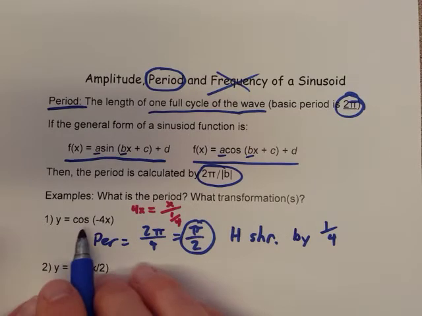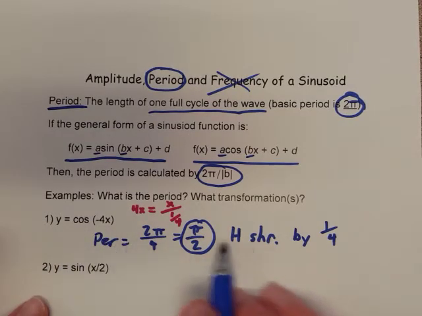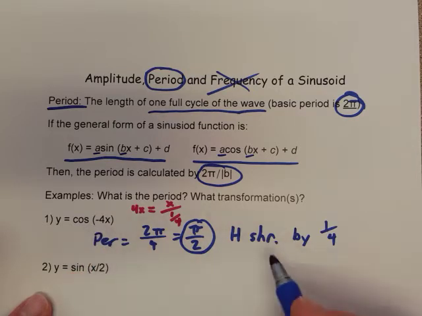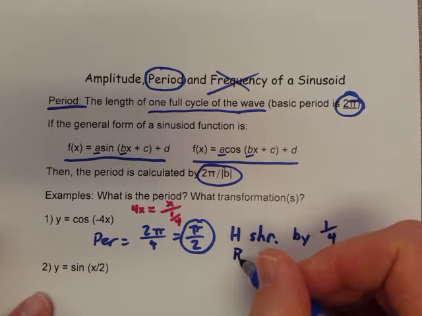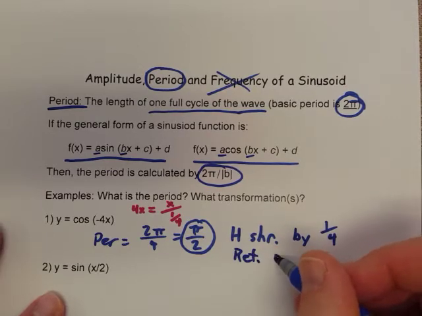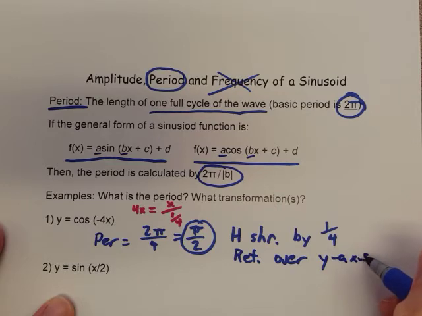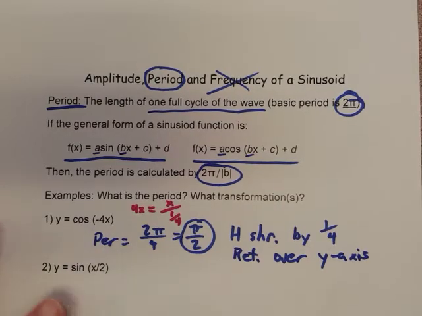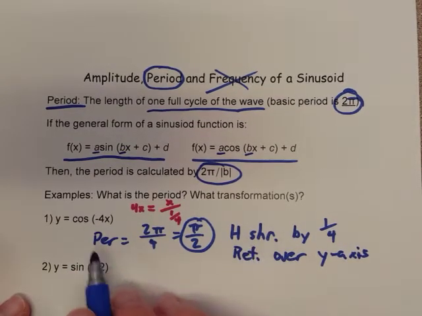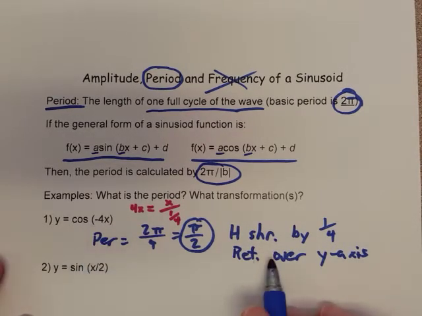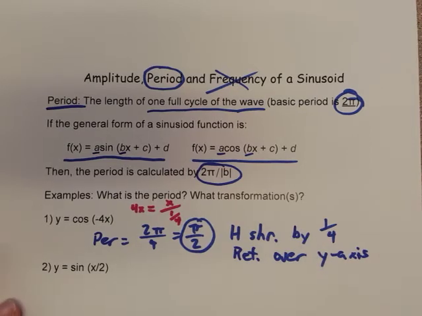So we've got that for cosine of negative 4x. Now the other transformation that we would have here, since it is a negative, is a reflection, but this time the reflection is going to be over the y-axis, because that negative is right on the x part, so we're going to have a reflection over the y-axis if the negative is in there. Those are the two transformations that are dealing with this here. So it was a change of period and we reflected it, giving us these two transformations.